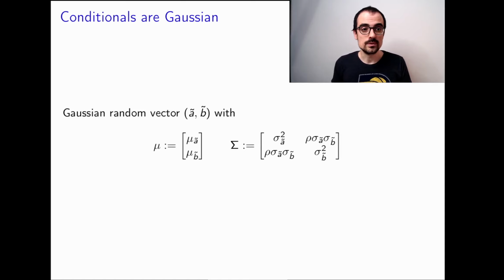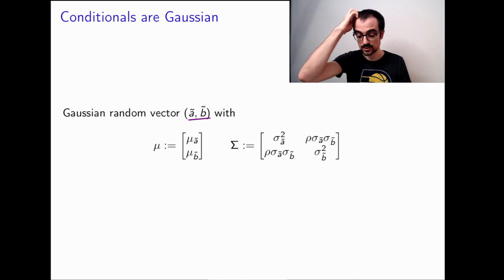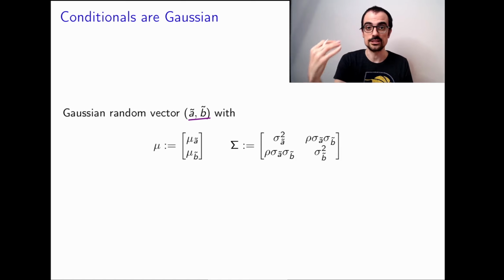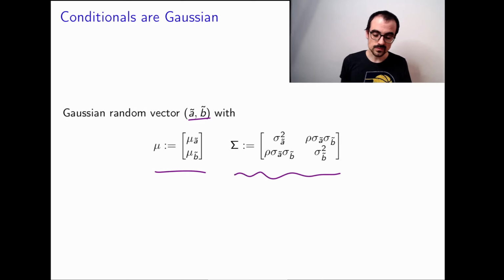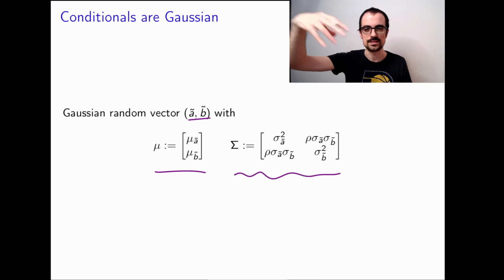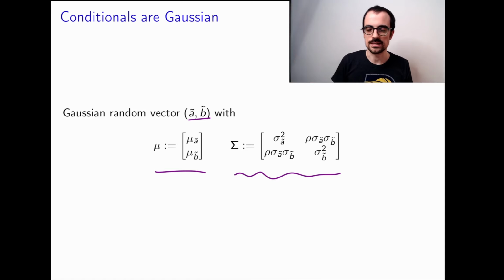Okay, so to finish, I want to remind you about some computations that we did about Gaussian random vectors. We talked about Gaussian random vectors, where the distribution is determined by two parameters: the mean, which is a two-dimensional vector, and the covariance matrix that represented how this ellipsoid was shaped in high dimensions and so on.